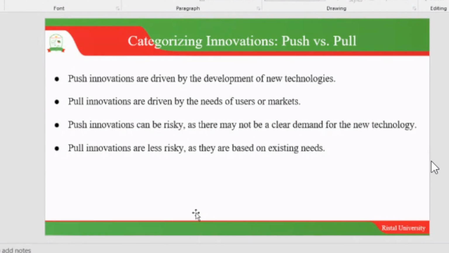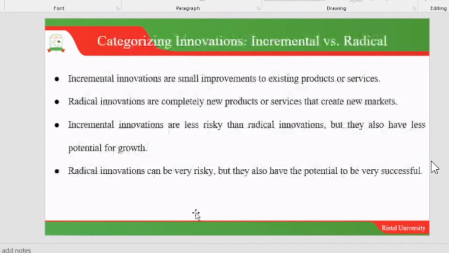While pull innovations are less risky, as they are always based on existing needs, like we have seen. So we can also categorize innovations in terms of them being incremental or radical. So incremental innovations are just small improvements to existing products.